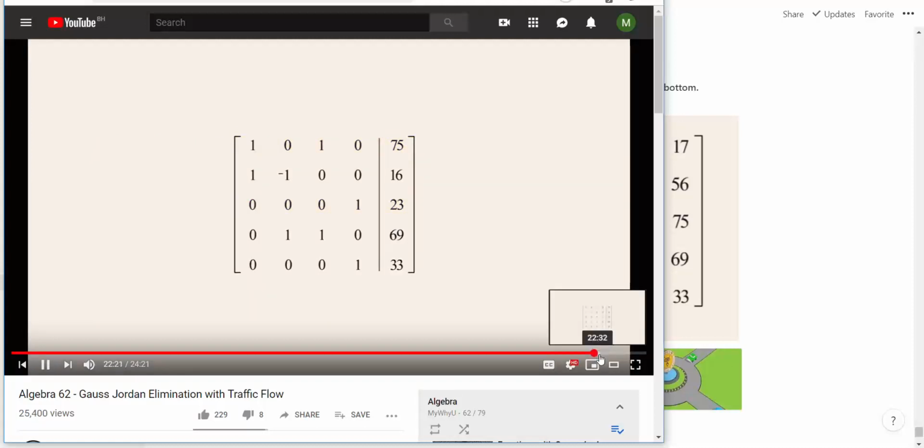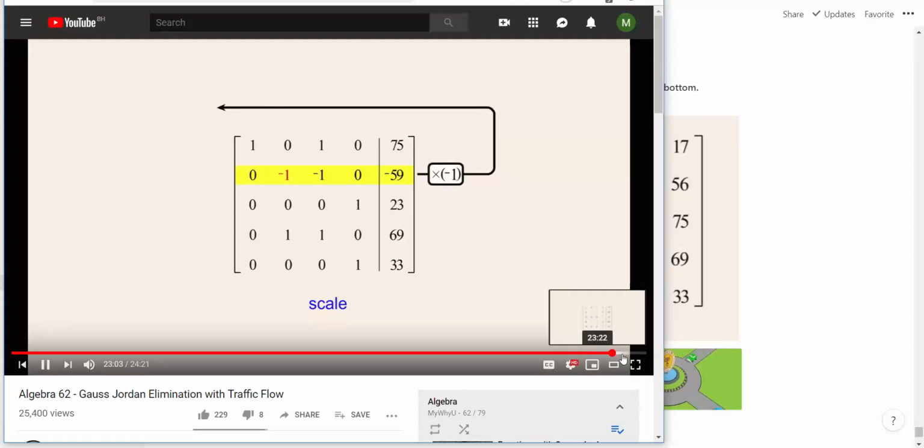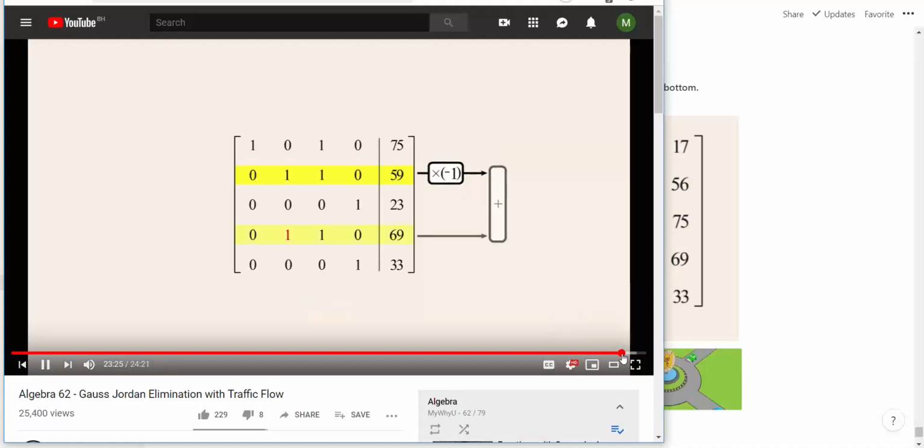Since that entry is a -1, we use a scale operation to multiply row 2 by -1. Since row 4 now is contradictory, we know that this system is inconsistent, having no solutions.